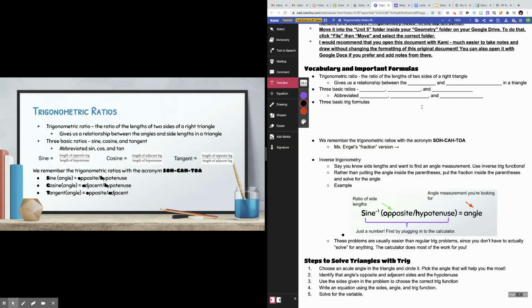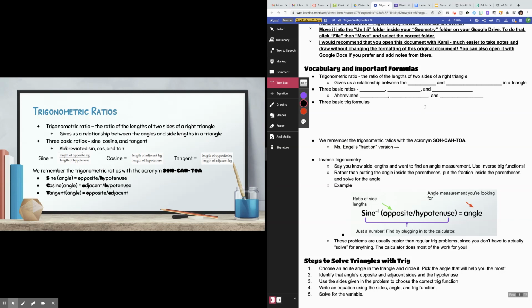Up to this point, when we've been talking about right triangles, we have lots of tools that we've learned. We've looked at geometric mean and similarity in order to figure out side lengths. We've looked at the Pythagorean theorem and its converse. We've used the triangle sum theorem, which says all the angles in a triangle have to add up to 180.